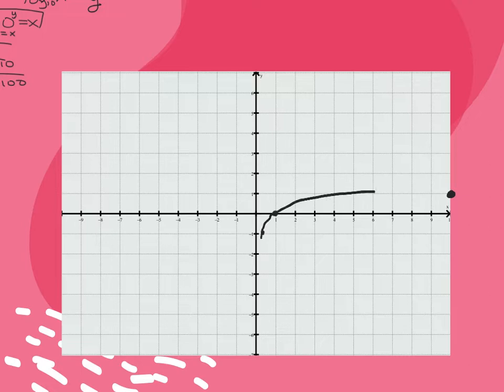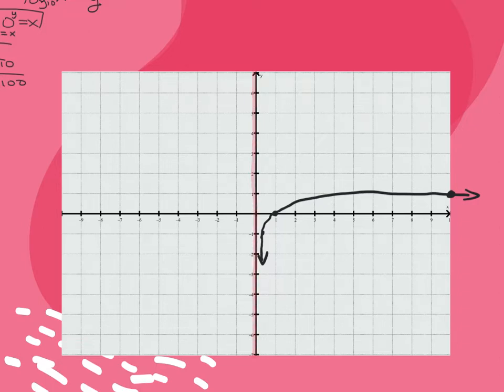Again, it's taking on this same shape. Skim along the asymptote. Again, I can highlight this as the y-axis. Here is my asymptote at x equals 0.